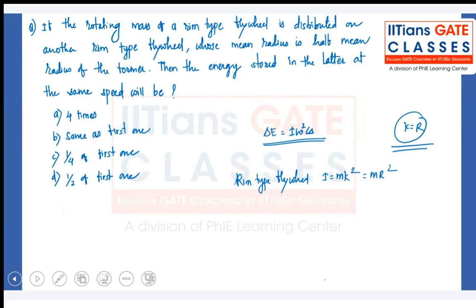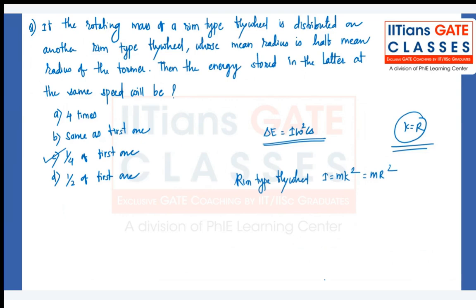Now tell me the answer here. The answer in this question is option C, 1/4 of the first one, because you are making the radius half.